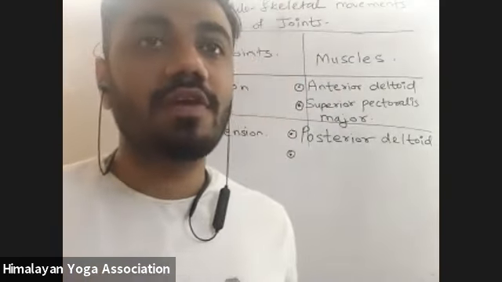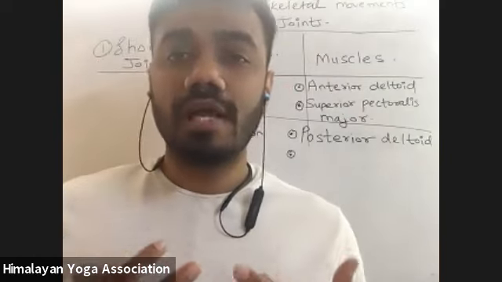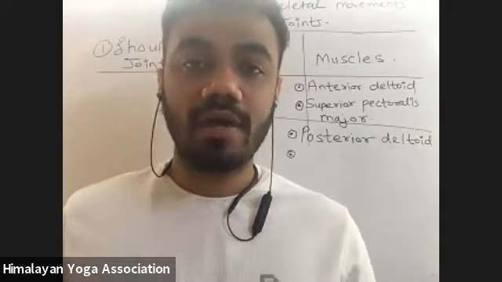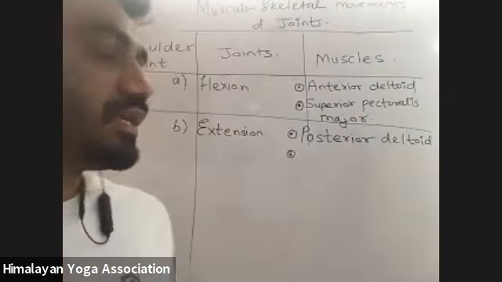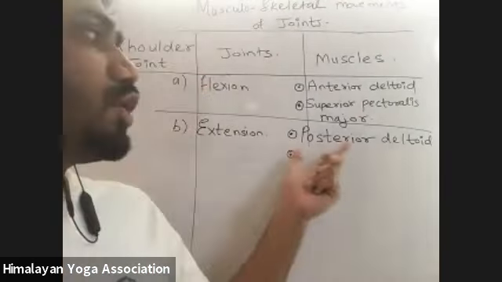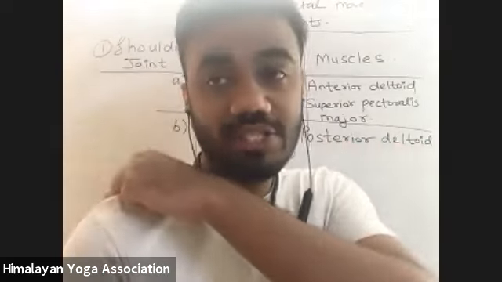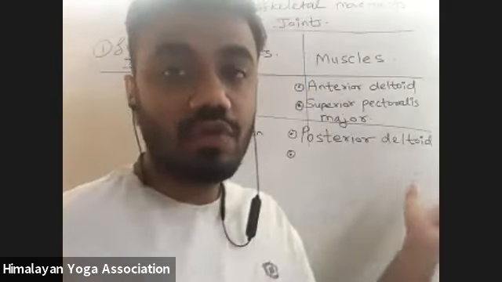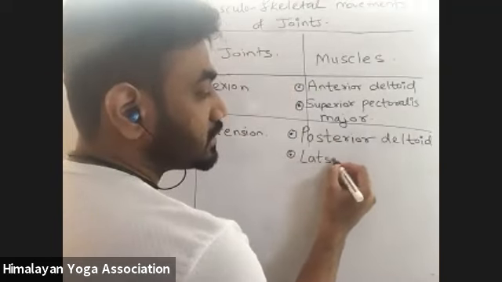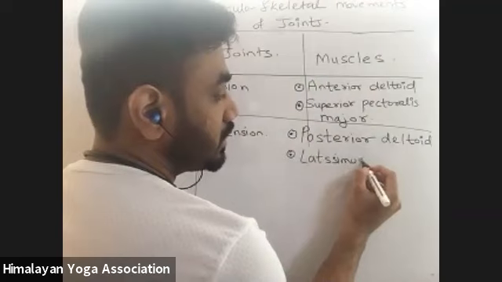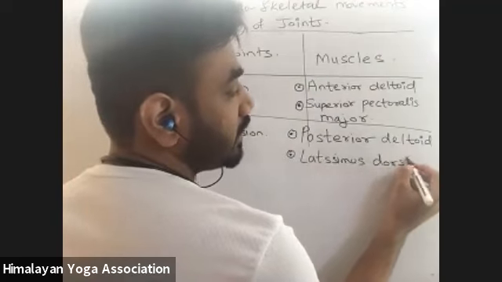Whenever we take our arm back, like in the locust pose, Shalabhasana, when we lie down on the abdomen, interlock the fingers on the back, extend the arms and raise the torso up, at that time we work our posterior deltoids as well as the latissimus dorsi muscle. We saw the latissimus dorsi yesterday. Where is this muscle?